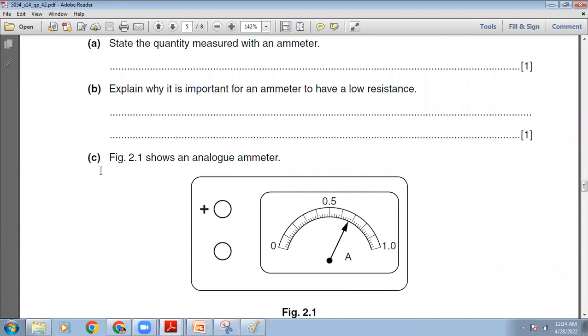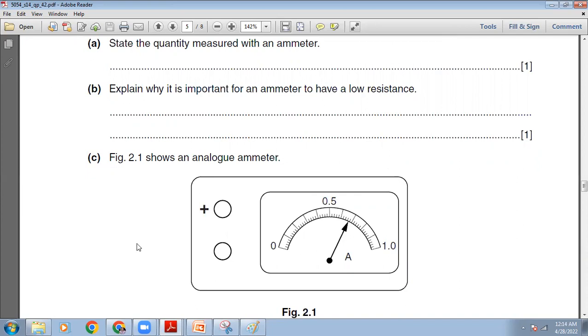Explain why it is important for an ammeter to have a low resistance. Because the ammeter is connected in series, and if its resistance is high, it will increase the resistance of the circuit, and that will decrease the current. So if the resistance of the ammeter is high, that will change the current flowing in the circuit.